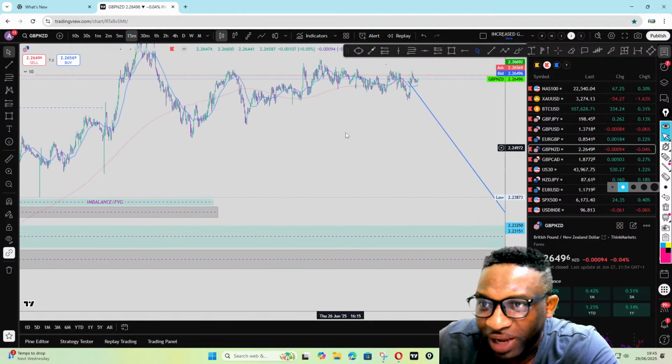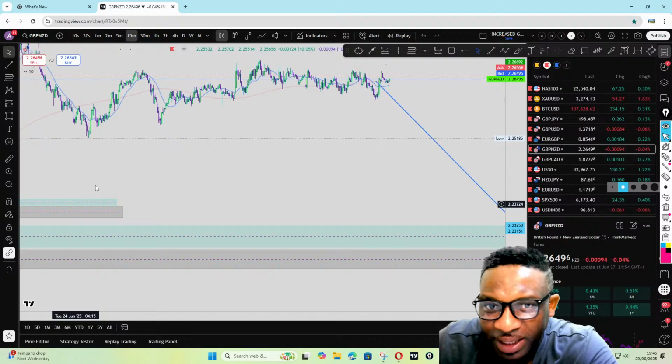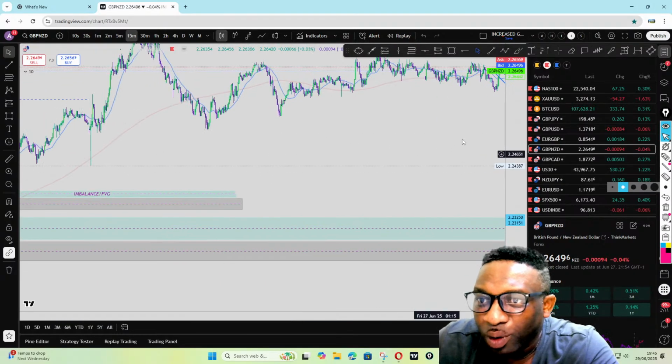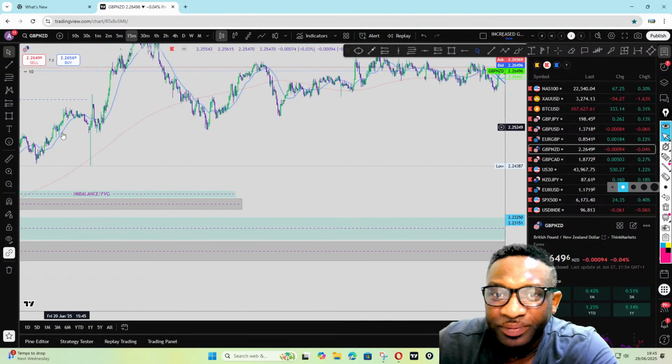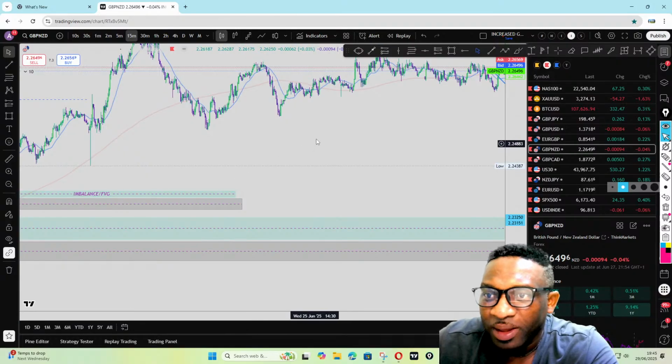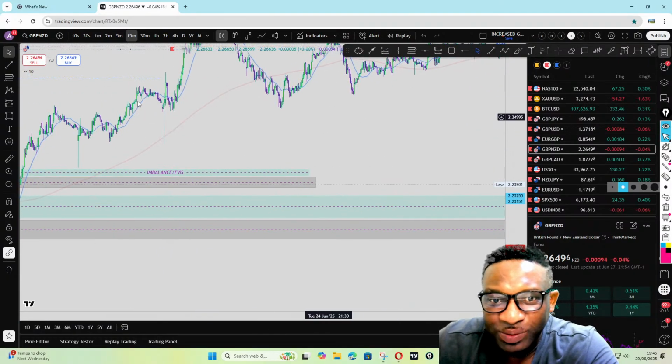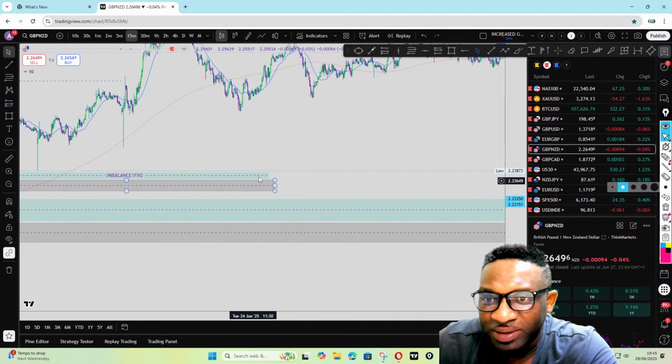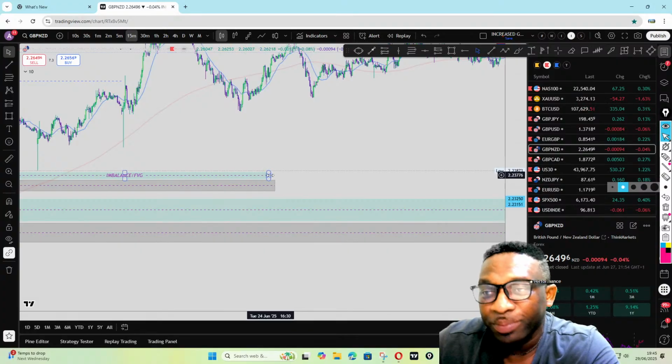So currently we have price here, we haven't gotten there yet, and we have all these areas of liquidity that we expect price to come clear up. So as it makes its way, this area of liquidity and the imbalance area act as a magnet drawing price to it.